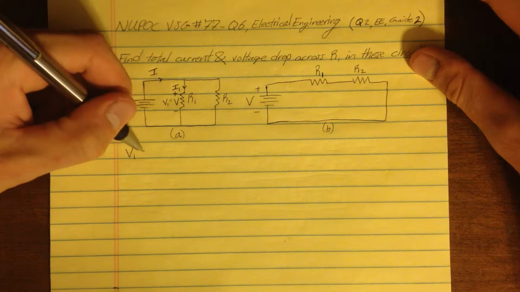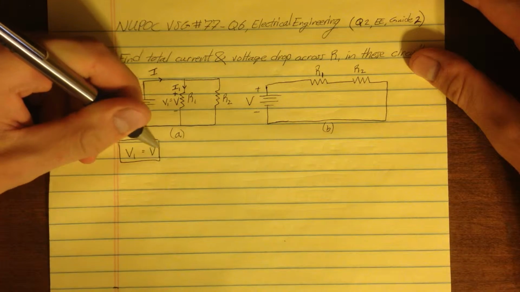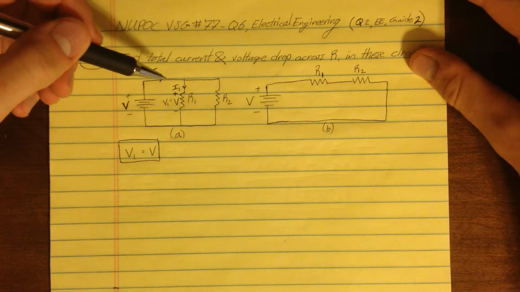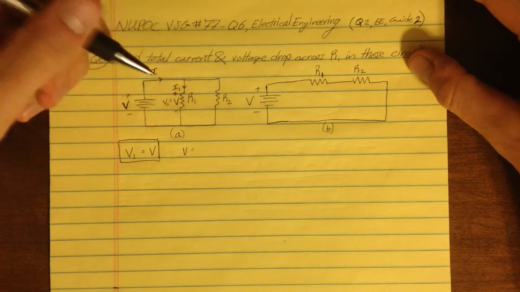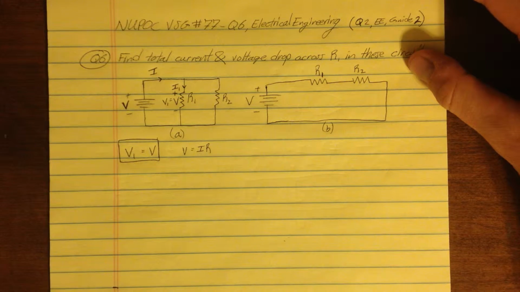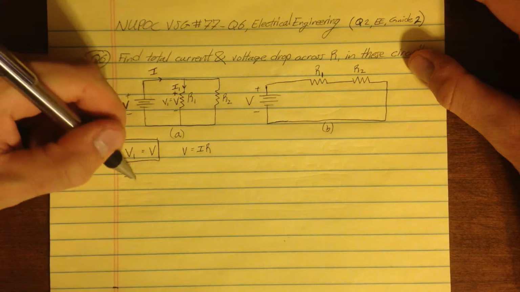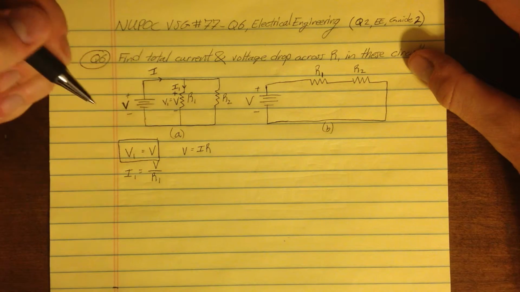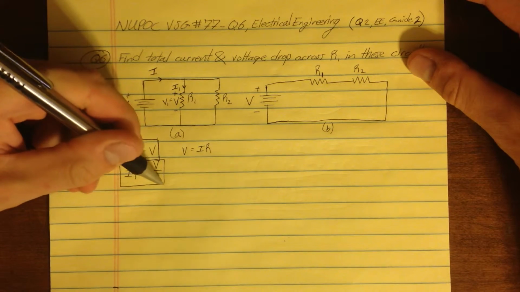So V1 equals V. And for I1, we know that voltage V equals current I times resistance R. So we just divide both sides by R, and I1 equals V, which we know, divided by R1, which is also assumed to be known in this circuit.